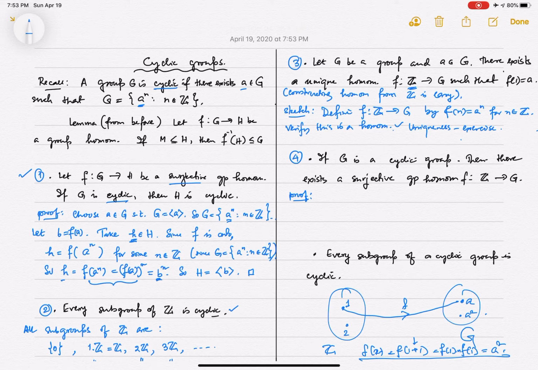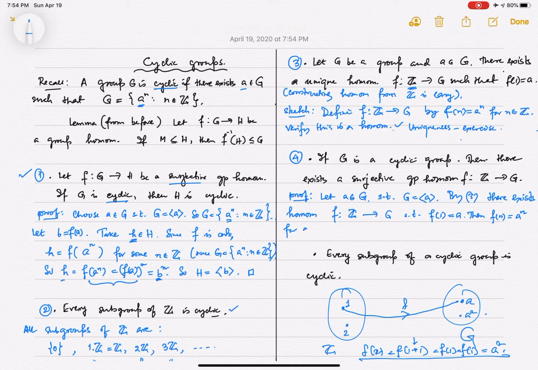You just choose a generator A, such that G is generated by A, and then by 3 there exists a homomorphism F from integers to G such that 1 goes to A. So then f of n is a to the n for all n in Z. But every element of G looks like a to the n for some n, because G is generated by A, you see.